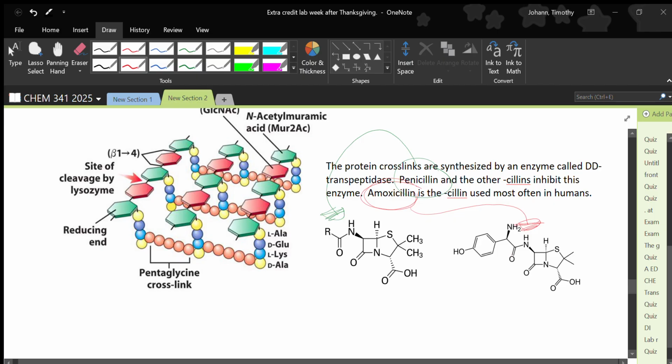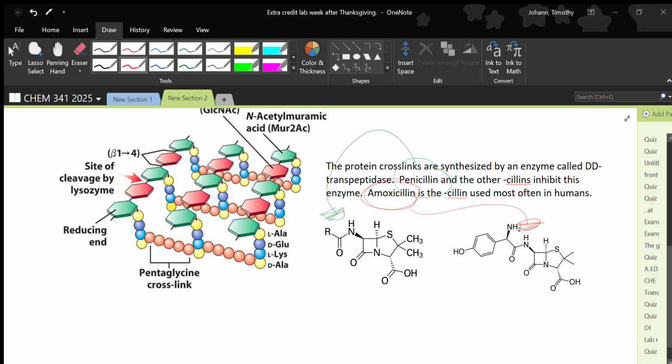So these guys inhibit the transpeptidase, but what bacteria will do is, it's a beta-lactamase, I think, actually. They synthesize a beta-lactamase that goes out and, to fight this, they synthesize an enzyme that breaks down the penicillins.